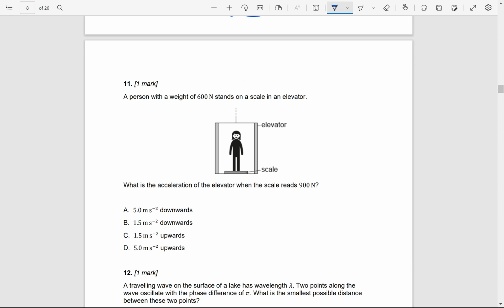Right, so we have a person standing on an elevator and the person's weight is 600 newtons. Let's say there is no acceleration in the elevator. Then the reaction force, the scales would read 600 newtons.